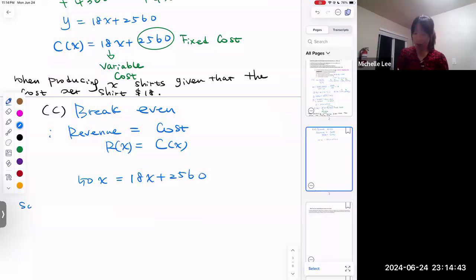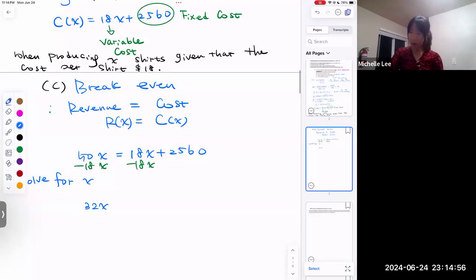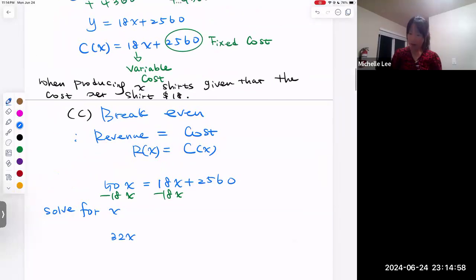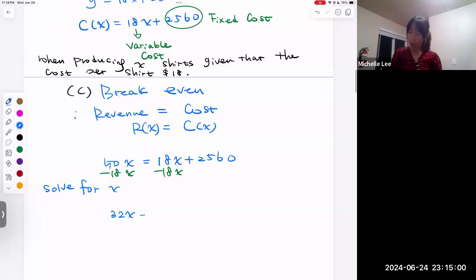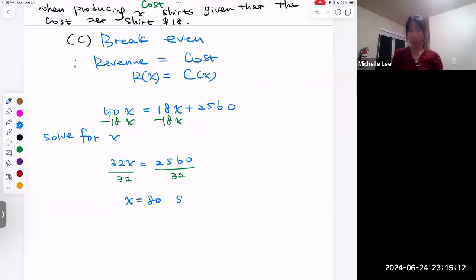And then we need to solve for X. So subtract 18X from both sides. We get 32X equals 2,560. And divide by 32 on both sides. We have X equal to 80 shirts, right?